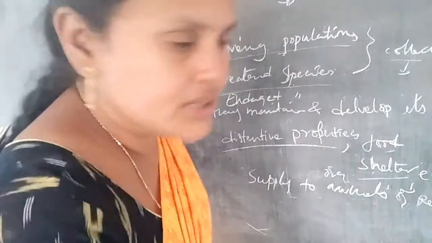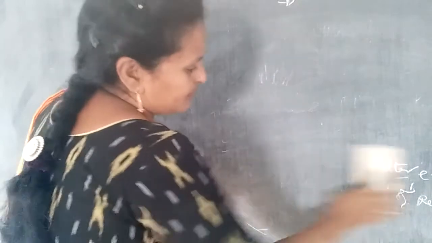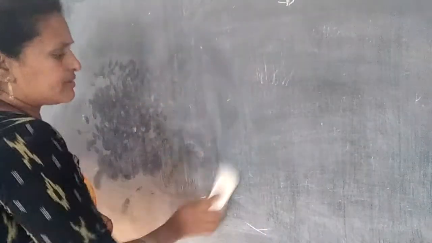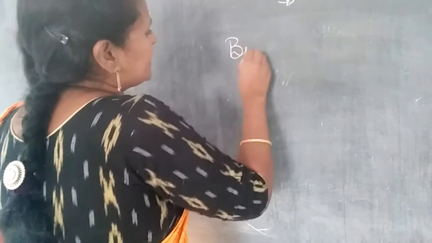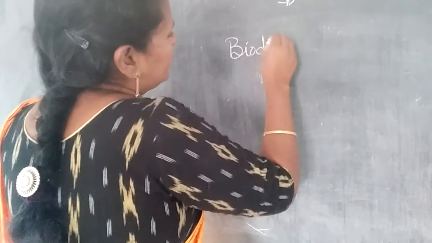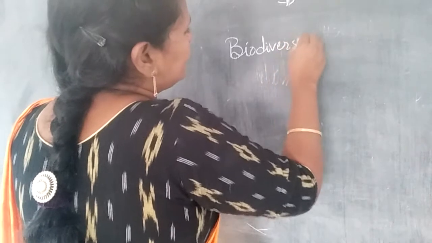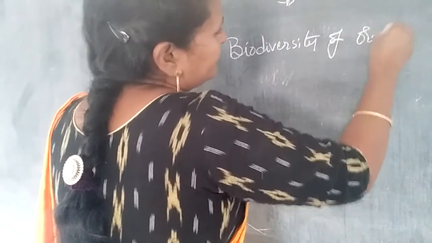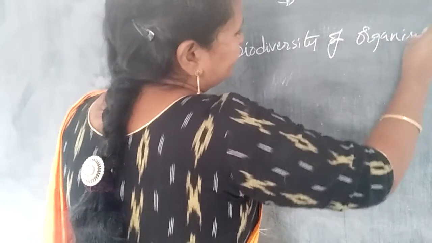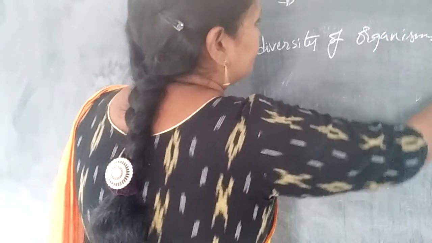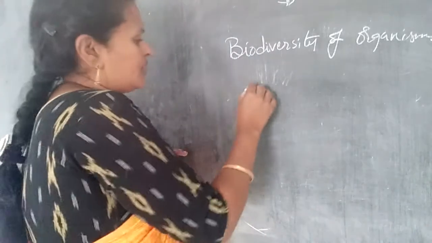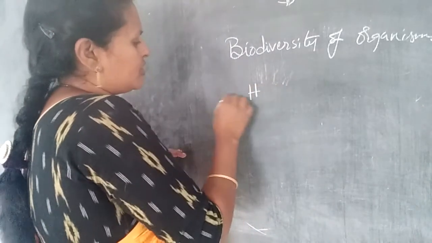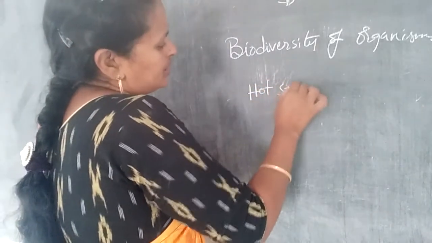Conservationists identify a site with a particular name: biodiversity hotspots.